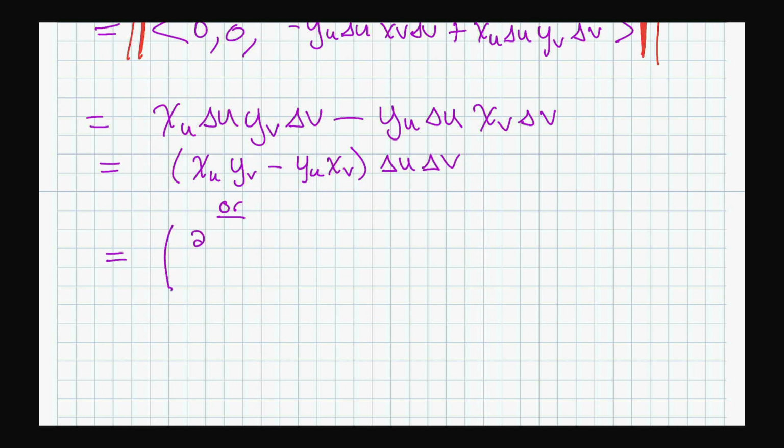Xu, that's the partial of x with respect to u, and then partial of y with respect to v, minus partial y with respect to u, partial x with respect to v, delta u delta v. Okay. So there is a thing.